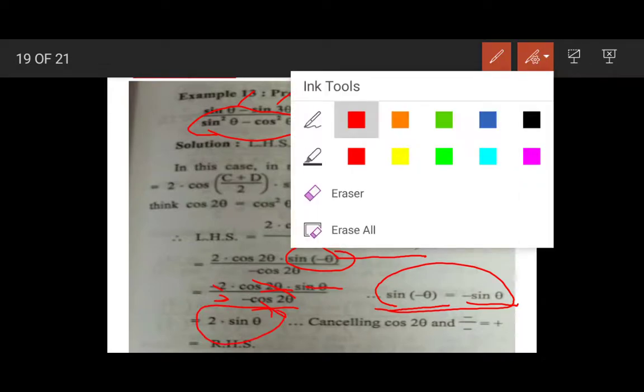The negative angle formula says that sin minus theta equals minus sin theta, and I am taking that minus sign outside. So minus 2 cos 2 theta into sin theta upon minus cos 2 theta. Minus minus cancel, cos 2 theta cancels. So finally I am getting 2 sin theta, which is the right hand side.